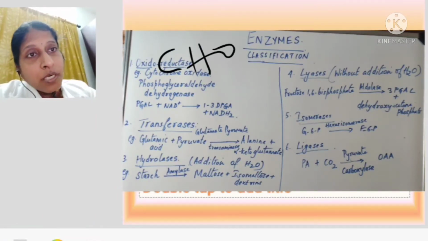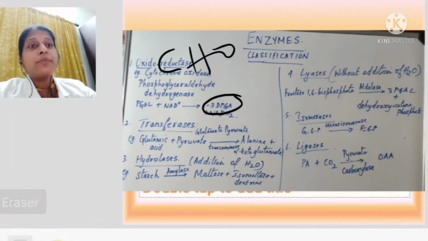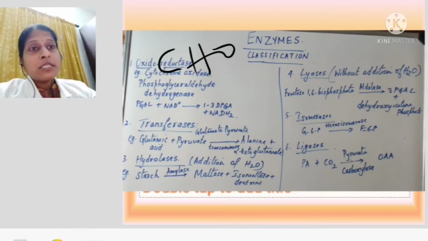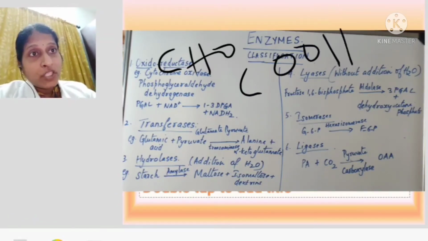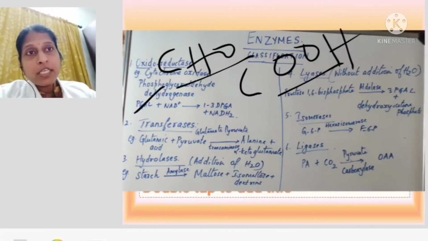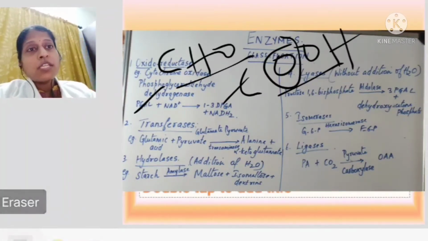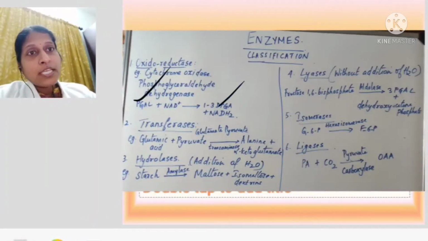It is getting converted into 1,3-DPGA. What is DPGA? Diphosphoglyceric acid. This diphosphoglyceric acid is COOH, isn't it? So CHO to COOH it is getting converted. Here the aldehyde is getting converted into acid. So what is added? Oxygen is added. So what is the reaction? Oxidation.